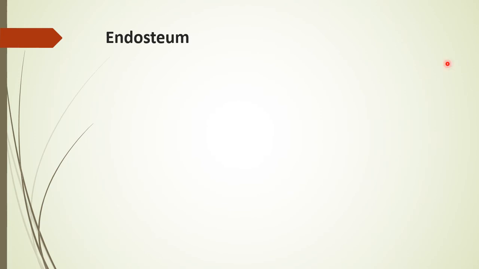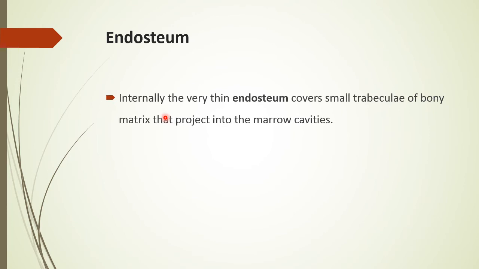Now we have finished the periosteum. We are going to talk about endosteum. The endosteum is internally found, very thin, and covers small trabeculae of bony matrix that project into the medullary cavity.